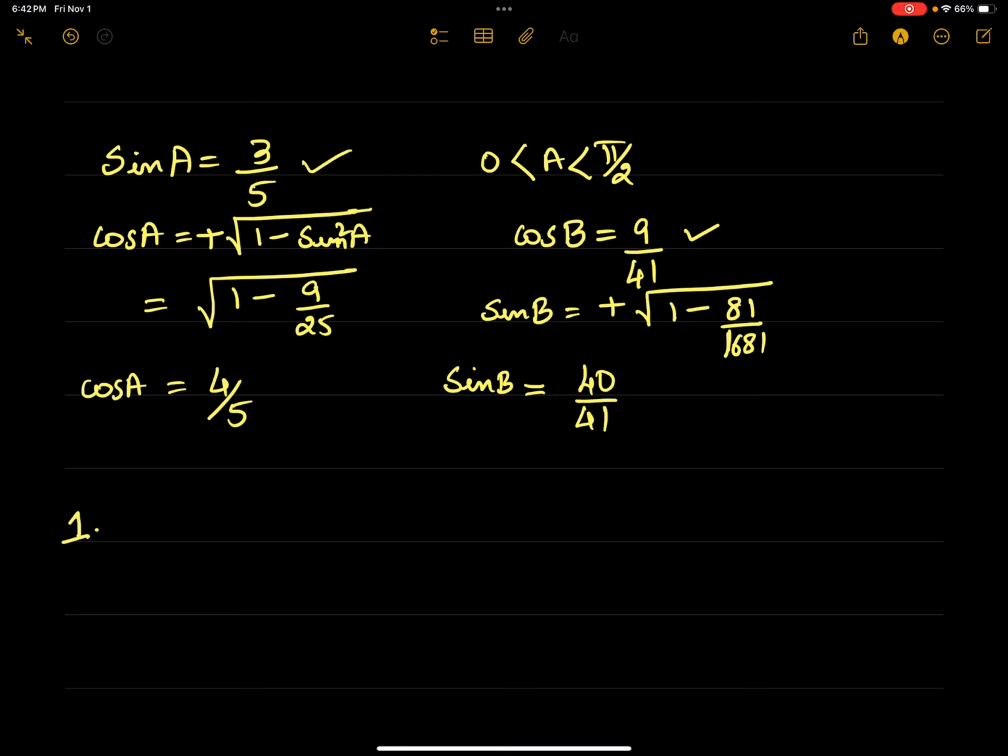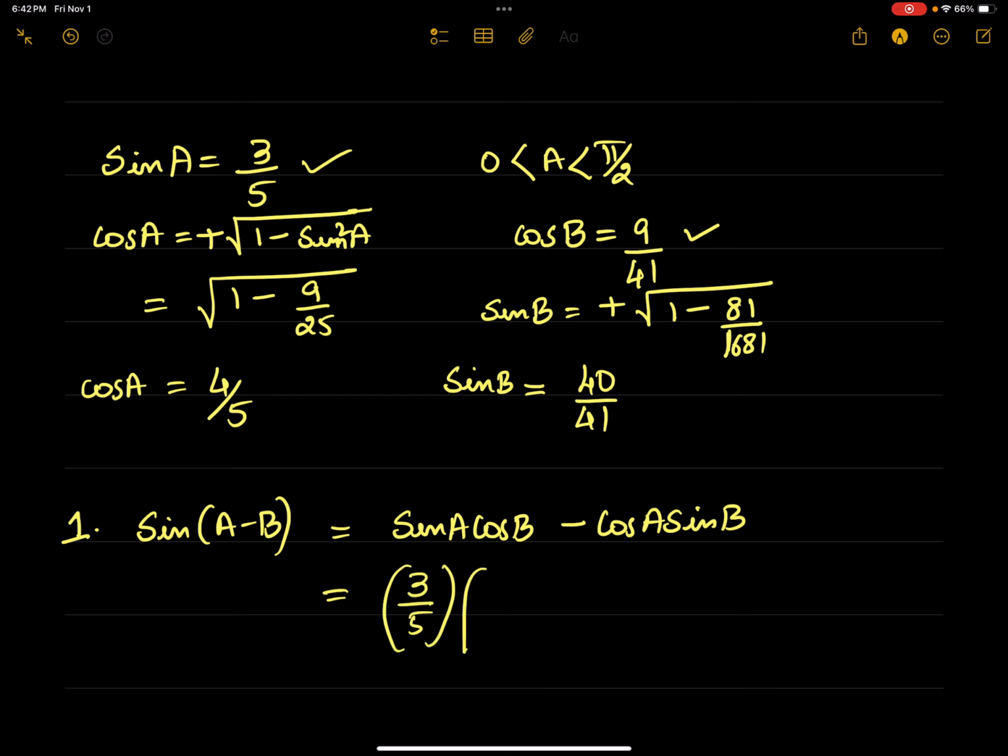So now the first question that we have to solve is, what is sine of A minus B? So we know the formula: sin A cos B minus cos A sin B. Now we just substitute the values here. So this would be 3 by 5 multiplied by 9 by 41 minus cos A, which is 4 by 5, multiplied by sin B, which is 40 by 41.